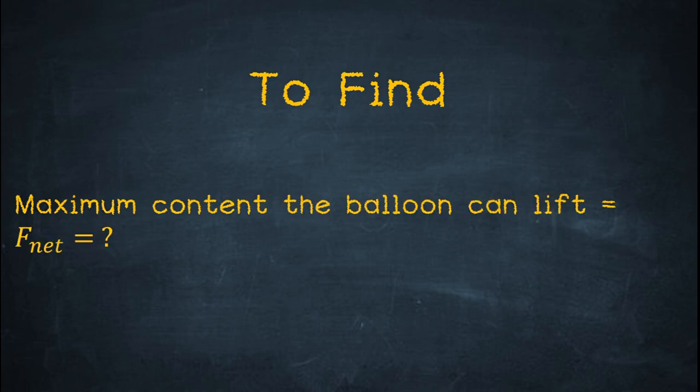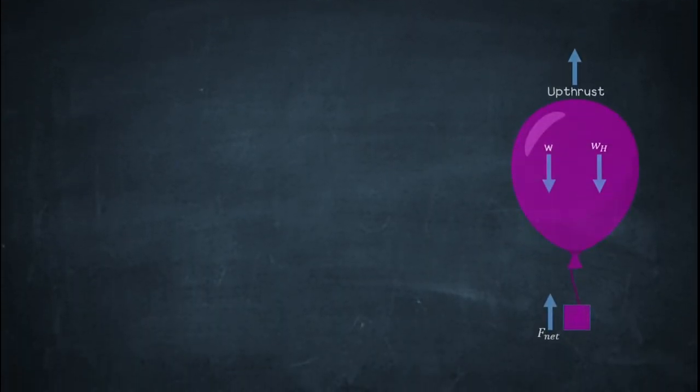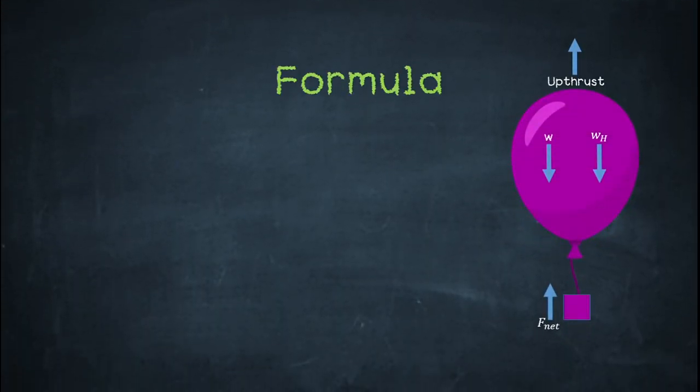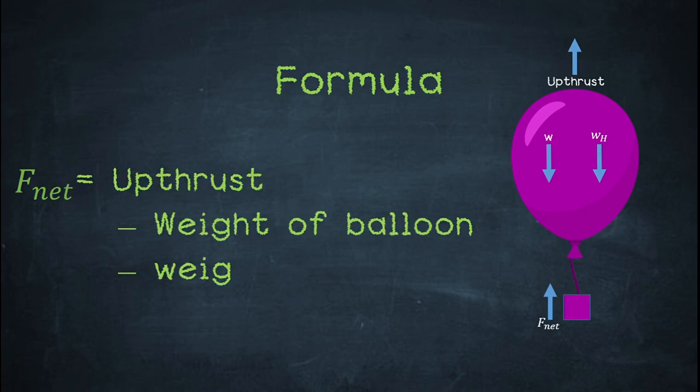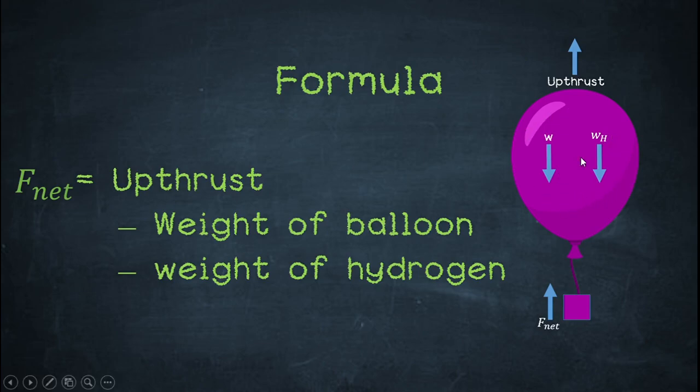It will be represented by net upward force which is acting on the object. The formula that we will use for this purpose is net force is equal to upthrust minus weight of balloon minus weight of hydrogen. You can again see here we have a meteorological balloon on which the upthrust force is acting in the upward direction. Weight of balloon is in the downward direction. Meanwhile, there is hydrogen gas filled in the balloon, so its weight is also acting in the downward direction.